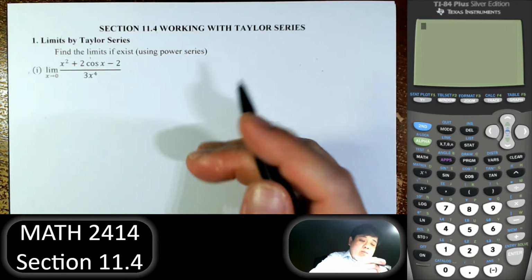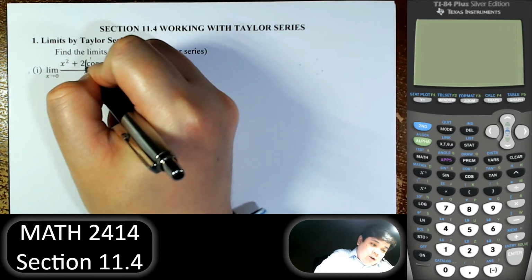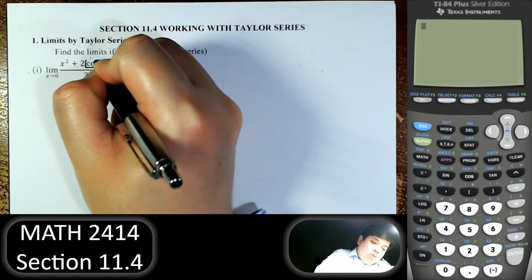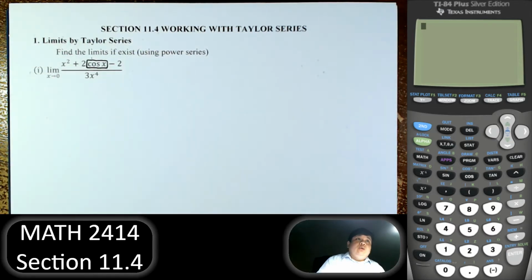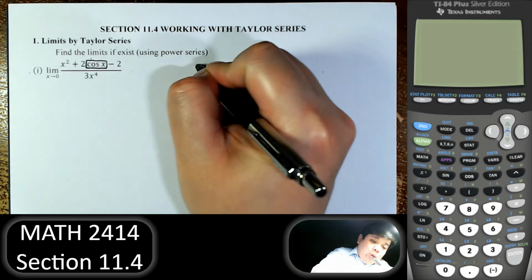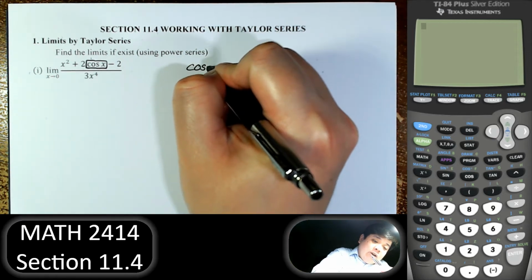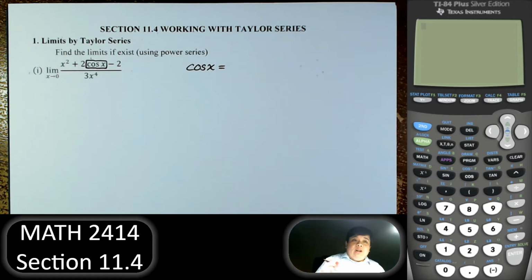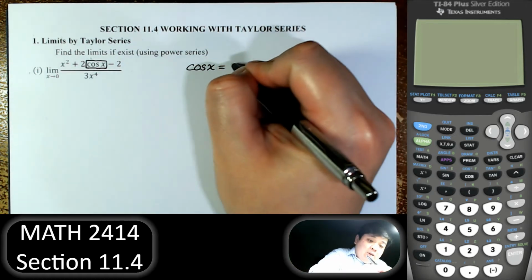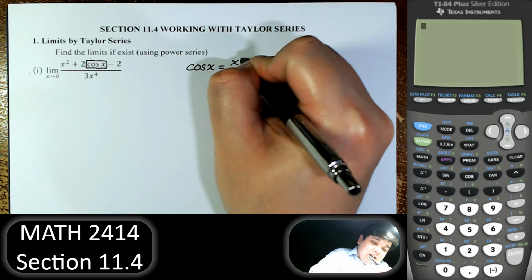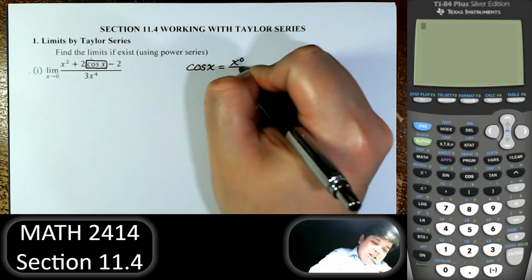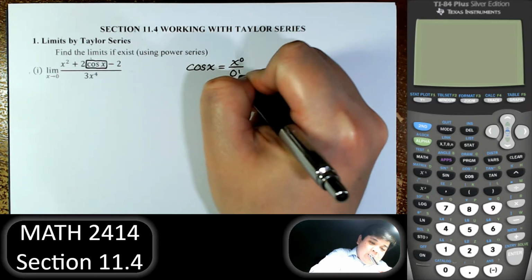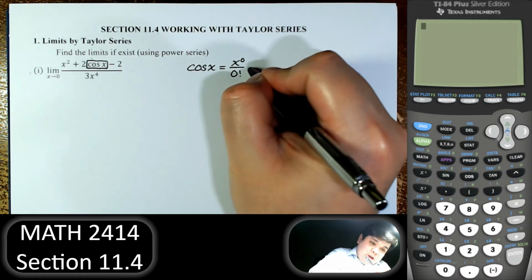Now we're using the power series though. Focus on the power series. First we represent cosine of x using a Taylor series. We know that cosine of x is an even function, so it will have all the even powers of x over the same even factorial.